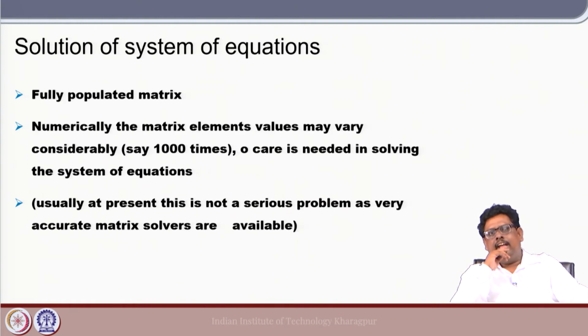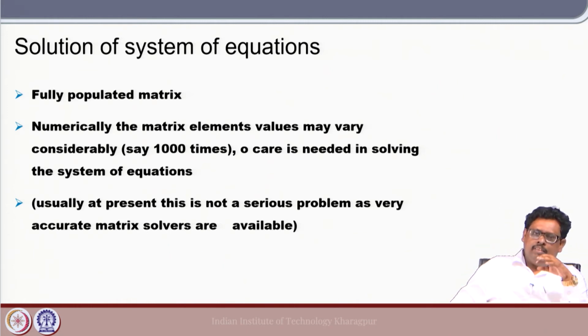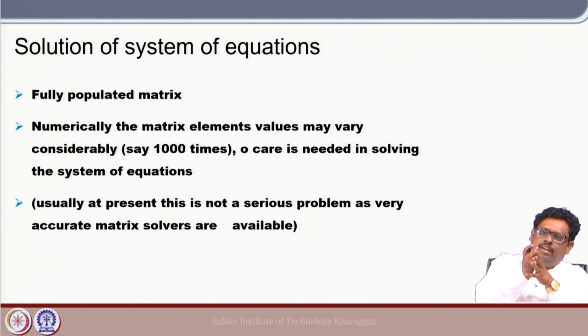Next, another thing is that, actually, this is not that much of a problem nowadays, but earlier we had the fully populated matrix. We cannot say it is a diagonally dominant matrix, right, because in the case of FEM it is a diagonally dominant matrix, so the solution for the matrix is less complicated.